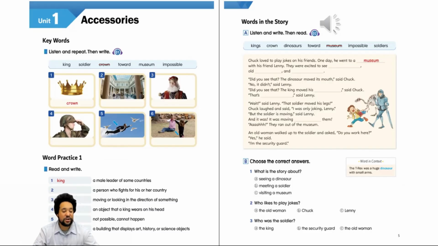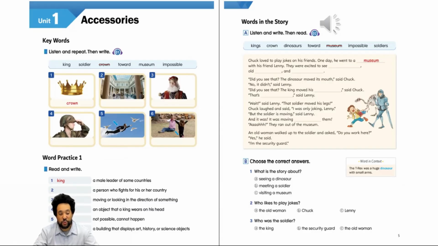Let's go through 2 through 6 together, and we'll write down each one. Let's do one more together, and then I'll have you work in partners. Number 2 is a person who fights for his or her country. Now, we know that picture number 3 is king.